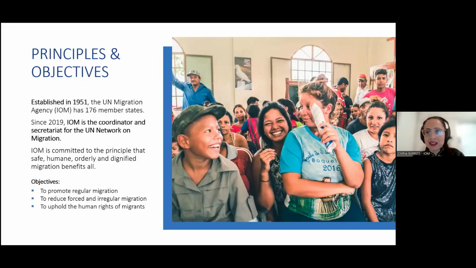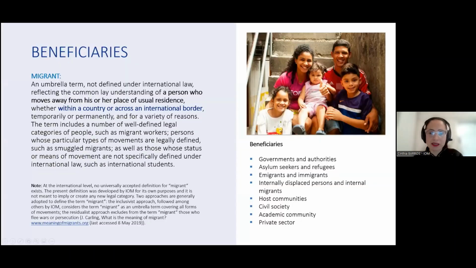So, very fast. The IOM was created in 1951, but only in 2019 did it become a UN agency and coordinate the UN Network on Migration. IOM is committed to the principle that safe, humane, orderly, and dignified migration benefits all. It's just an introduction.